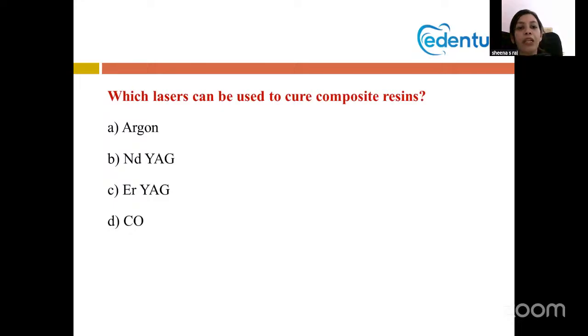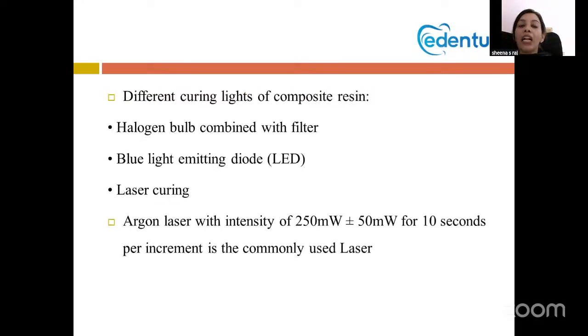Next question: which laser can be used to cure composite resins? We know that nowadays lasers are used for curing composite resin. The answer is argon. Argon laser is used for curing composite. There are many different curing systems for composites, like LEDs, halogen bulbs with filter, and laser.